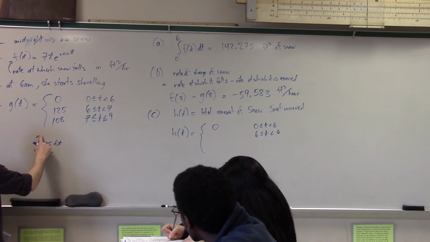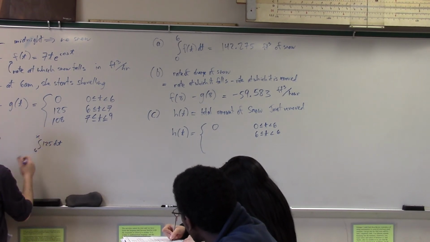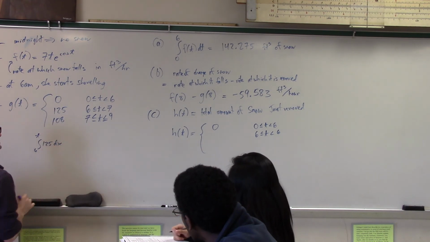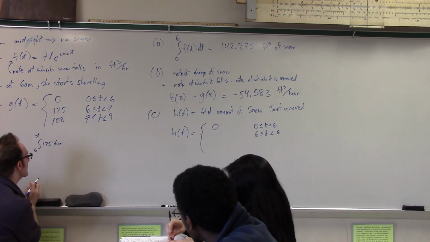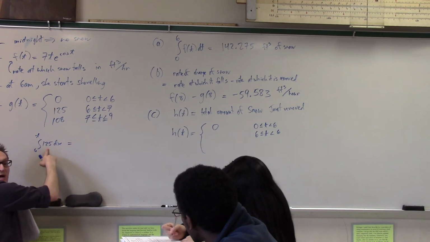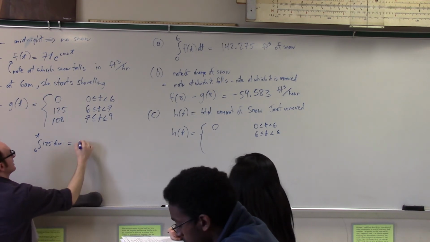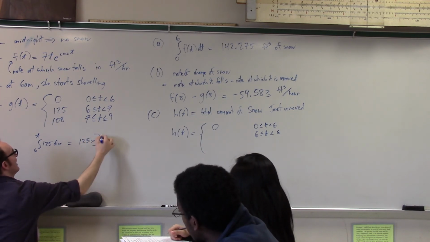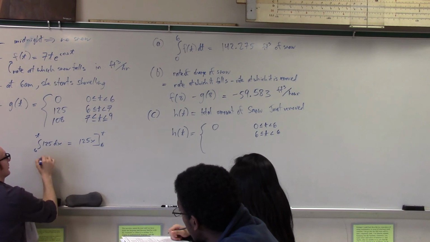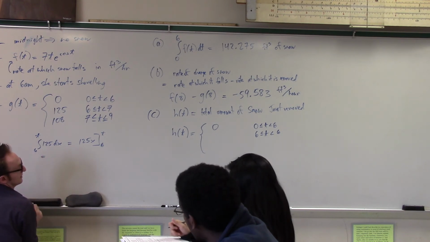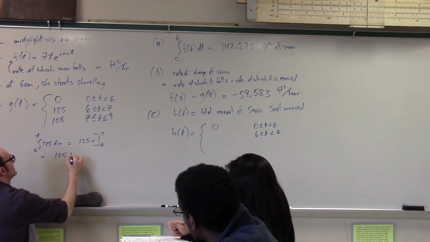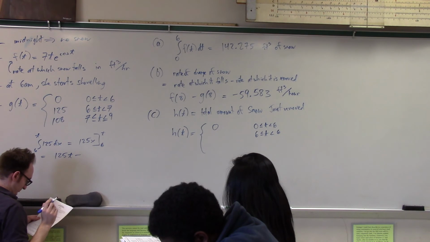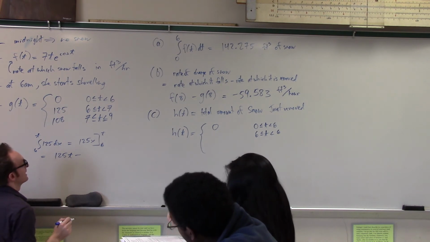I should make that t and that x, because the variable here is t. You can actually just do this: this is 125x evaluated at t and 6. In other words, it's 125t minus that number. I was right. You were right.